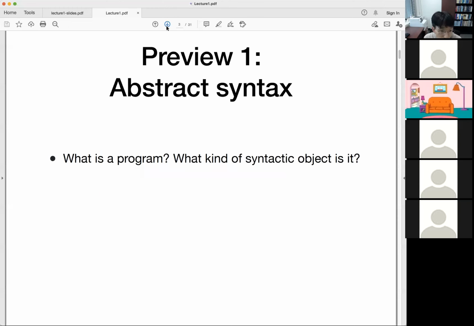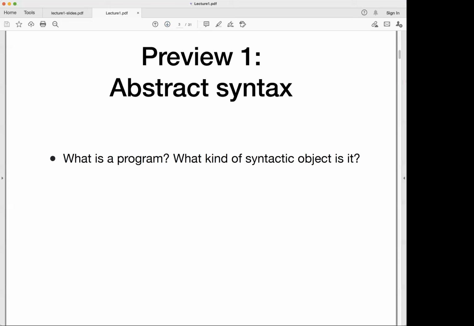So let me give you some overview of some of the things that we're going to cover in the course. The first thing that we're going to look at is abstract syntax. The abstract syntax asks a very basic question, which is: what is a program and what kind of syntactic object is it?